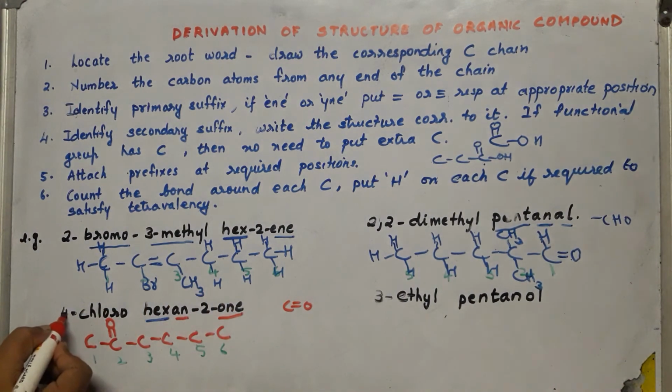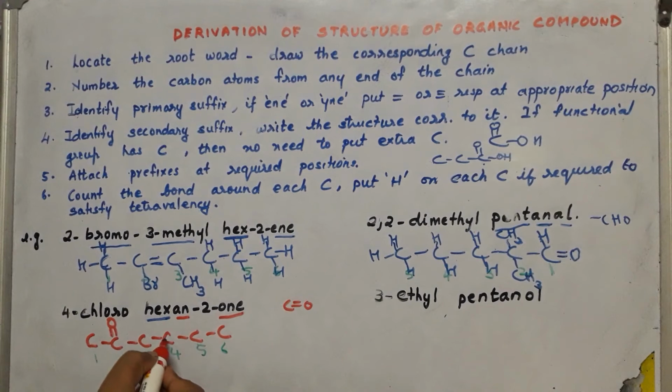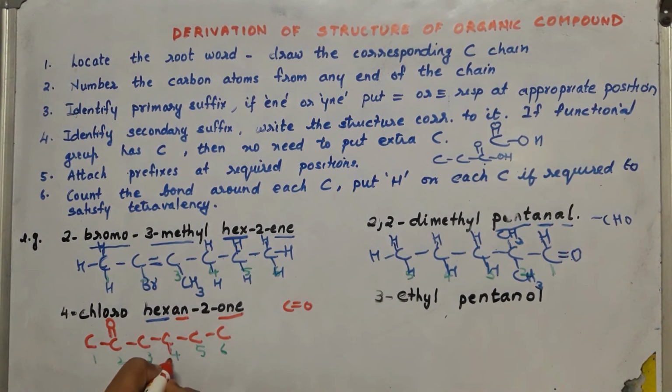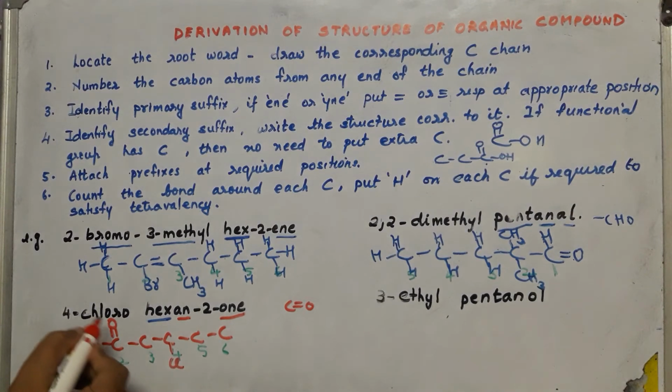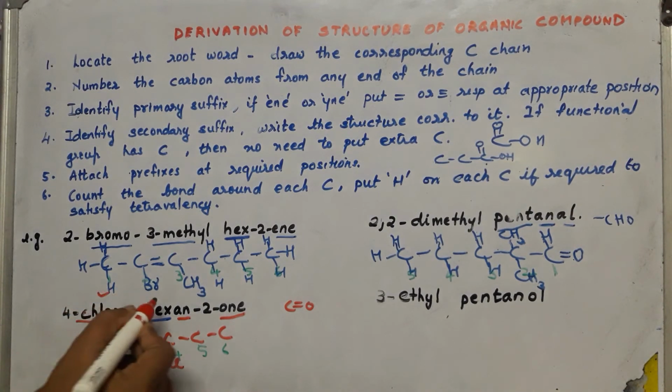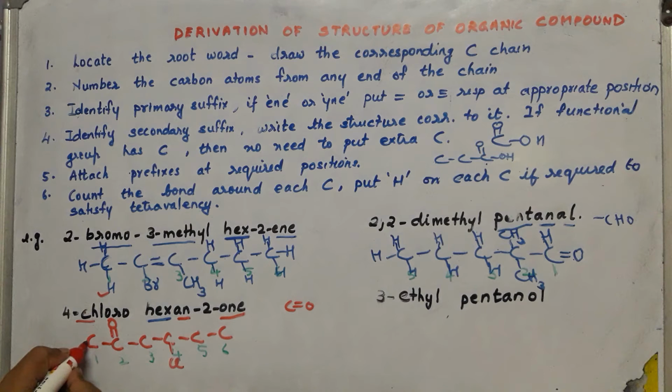Now look for the prefix 4-chloro. So on the fourth carbon there is chlorine. Now give the necessary hydrogen. Every part of the name is over. 1 bond, so 3 more hydrogen: 1, 2, 3.